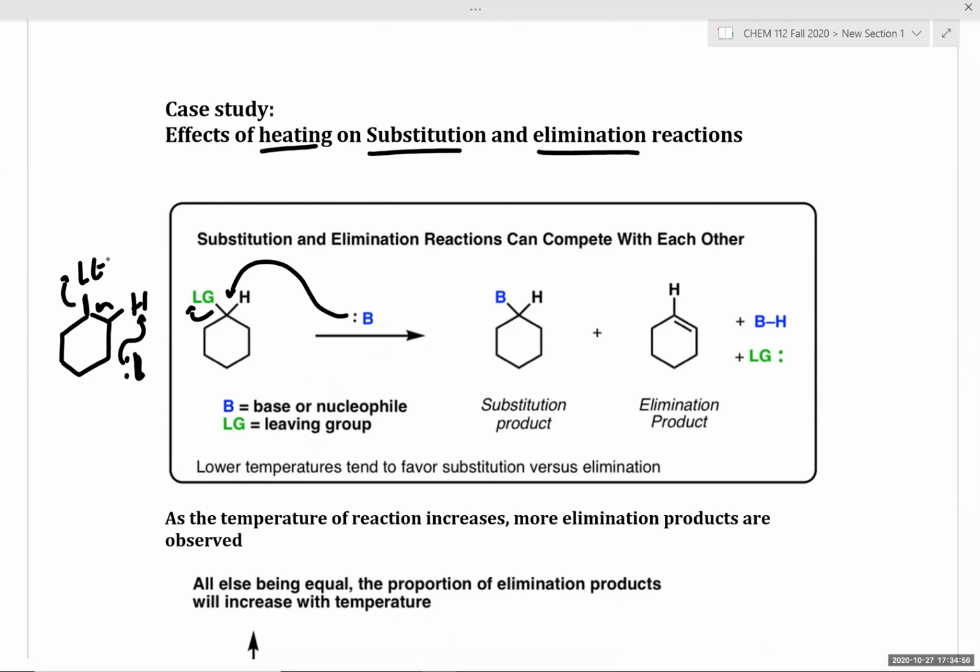It's found empirically that lower temperatures tend to favor substitution. Let's try to rationalize this observed trend using what we've learned about enthalpy effects, entropy effects, and reaction Gibbs energy.